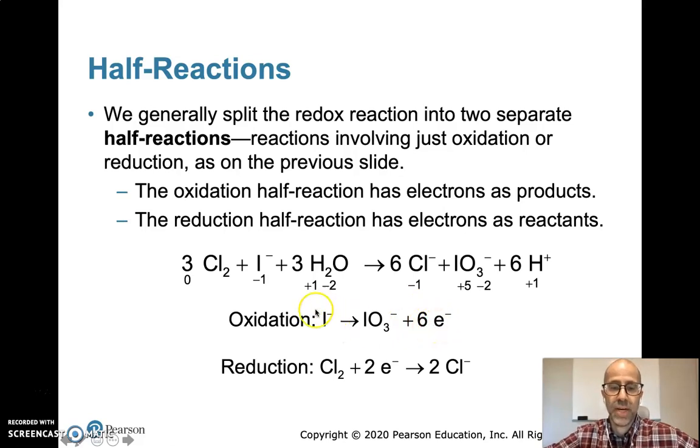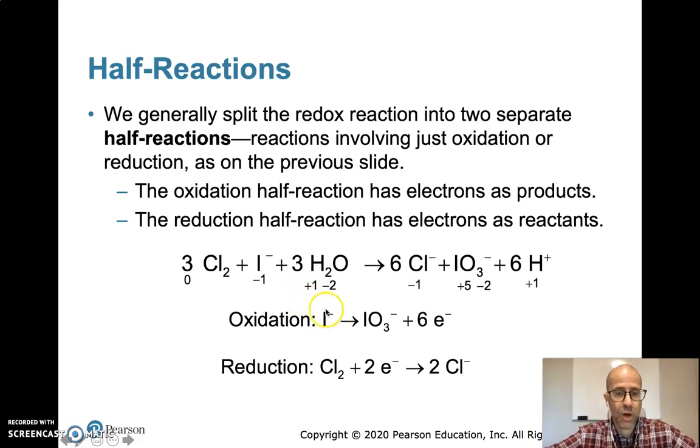Because you're going from a negative 1 to a positive 5. So you lost 6 electrons to go from negative 1 to positive 5. And so these are the two half reactions for this redox reaction. So that's how you can divide up your equation into two half reactions.